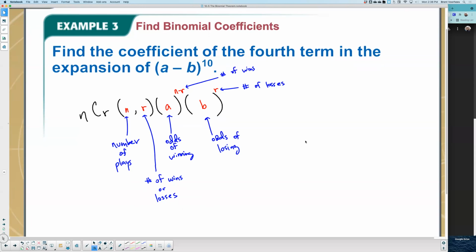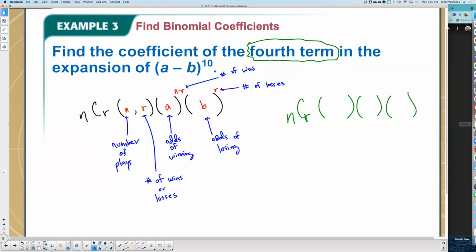So on this problem, it says find the 4th term. And this is where that little formula will really come in handy in a second. So we are going to find the 4th term of this expansion. So here's how you would solve this. You would write nCr followed by 3 parentheses. Y'all tell me as I fill in the numbers. I find the r last. How many times will we play this game? 10 times. What's the odds of winning? Just 1A. The reason I'm putting a 1 is because in the calculator, we won't put the letter A, but we will put the number 1.